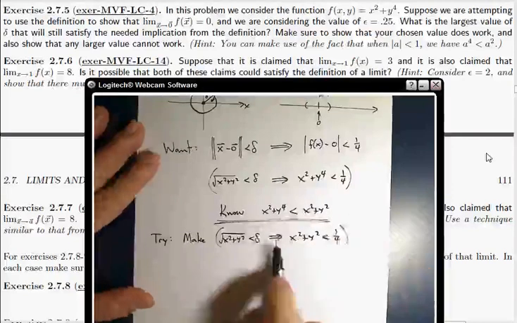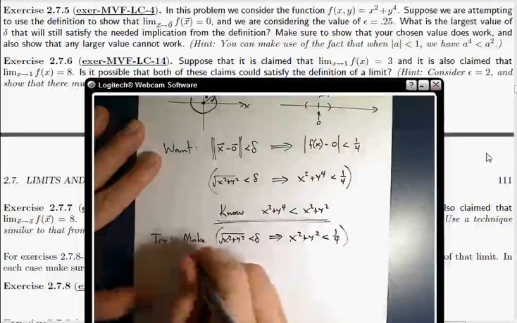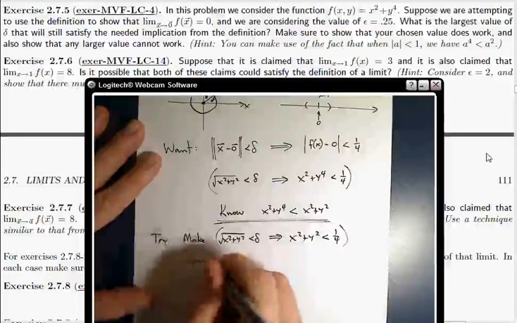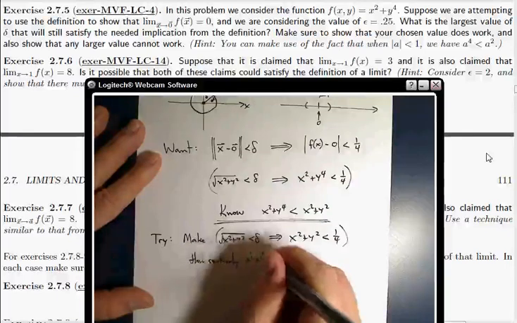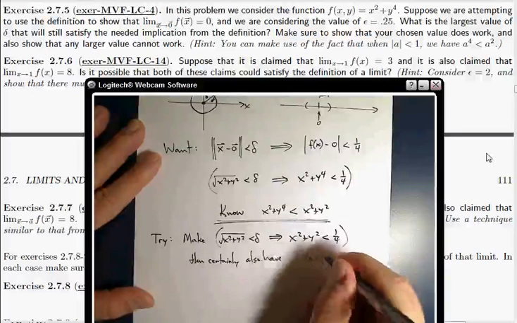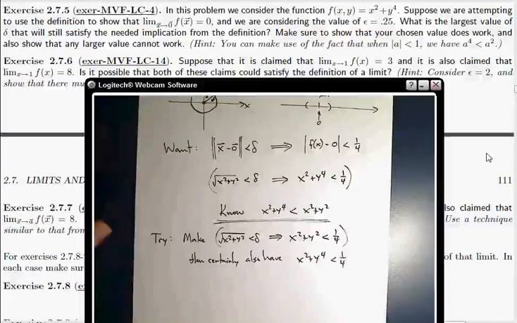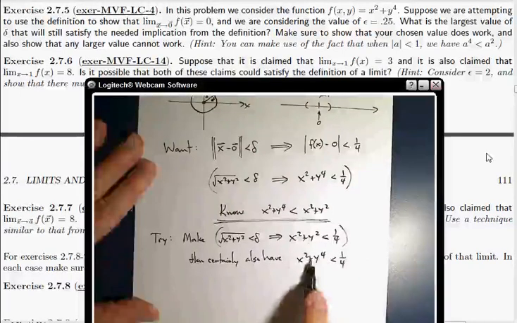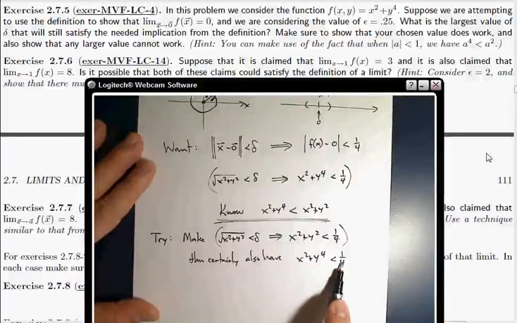If this implies x squared plus y squared is less than 1/4, then certainly we also have x squared plus y to the fourth is less than 1/4. Does everybody buy that? Because this is smaller than that. So if this is less than 1/4, then certainly that's less than 1/4. Is that cool?